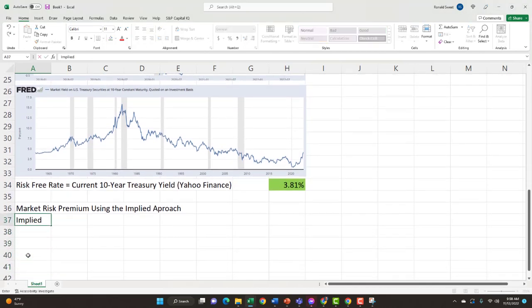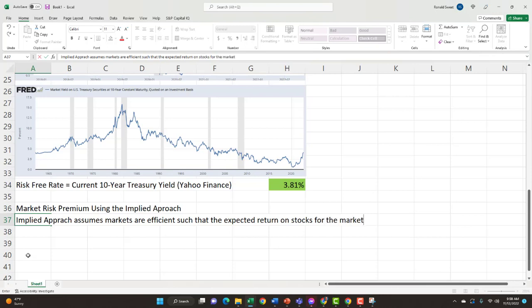So the implied approach assumes markets are efficient such that the expected return on stocks for the market should equal the required return on stocks for the market. That makes sense. If the market's expecting 10% and requires 10%, stocks are well valued.